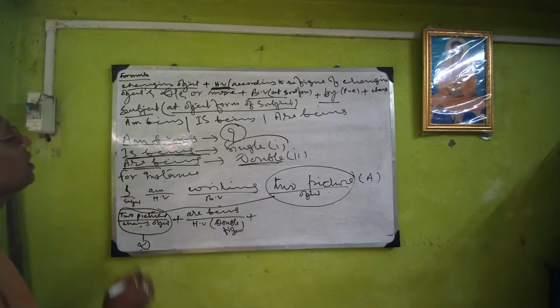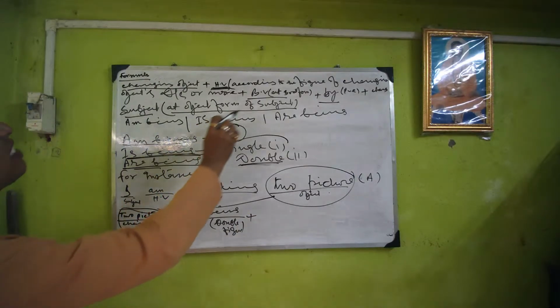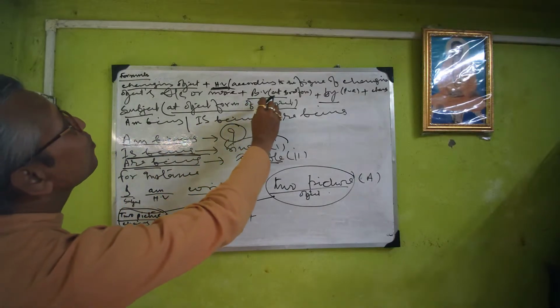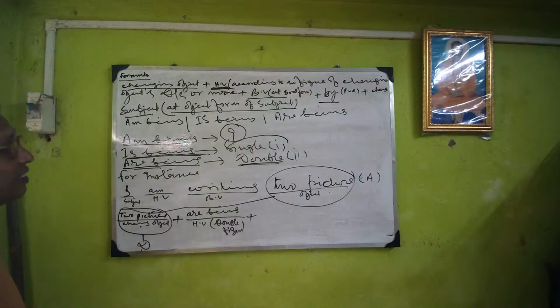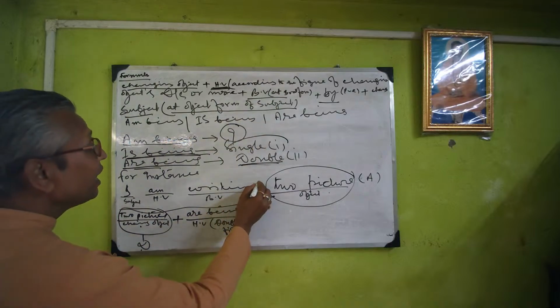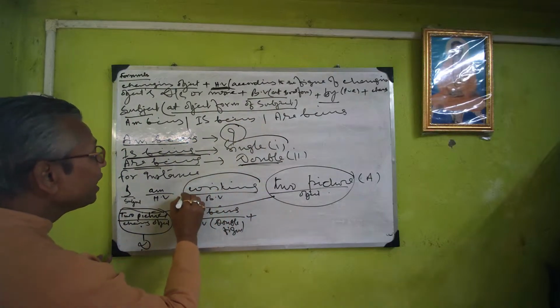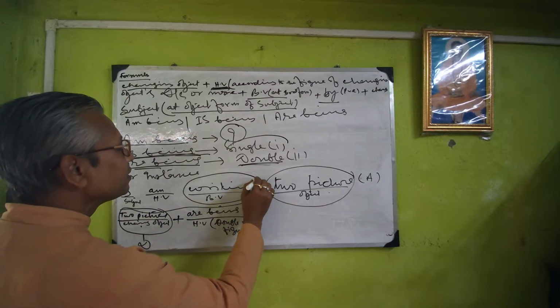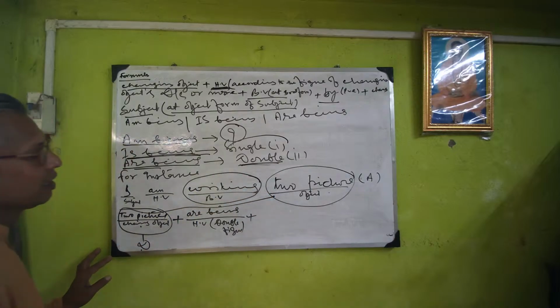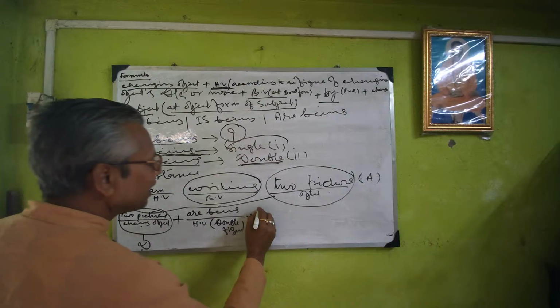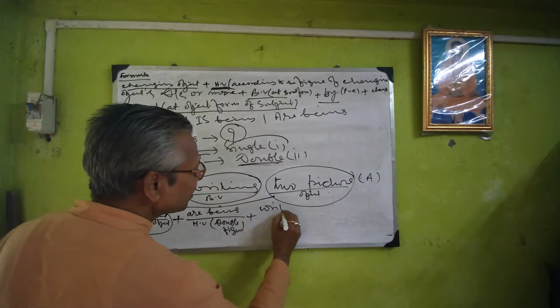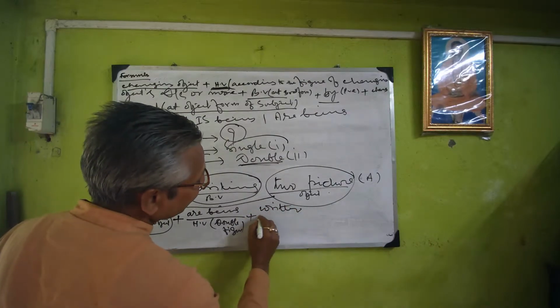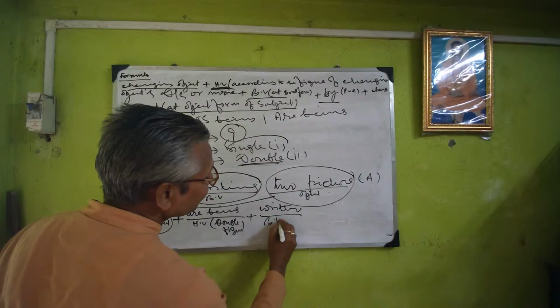Next, the formula requires BV at third form. Here writing is BV, written is BV third.